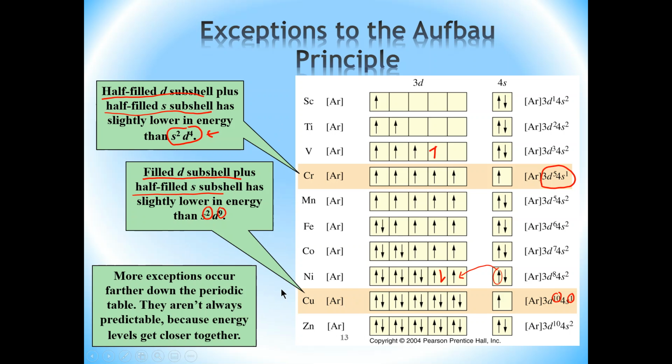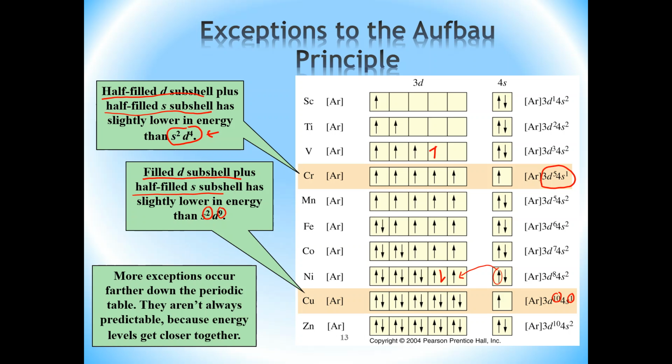Okay. And then another point I need to make here is that these exceptions also exist for the periods below, right? If you look at the periodic table, you'll see that there's a similar arrangement. I have a periodic table here. So the element that appears below chromium in the periodic table is molybdenum, Mo, and you'll see that there's a similar arrangement that is necessary for the stable electron arrangement for molybdenum.